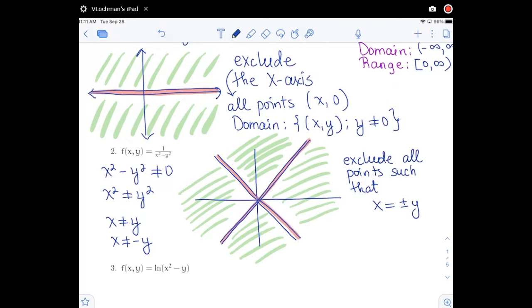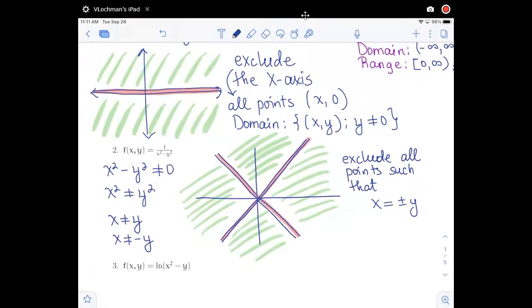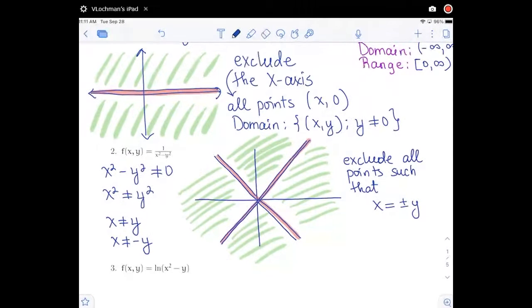Okay, how's this example? Any questions? All good, guys? No questions? All right. Okay, then let's keep going.